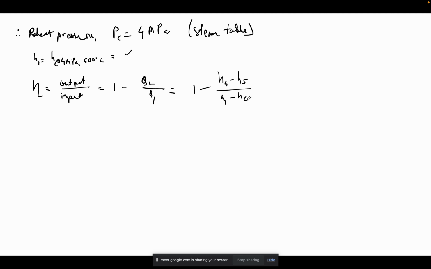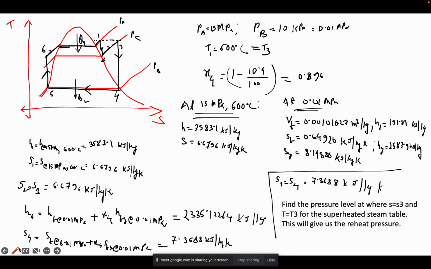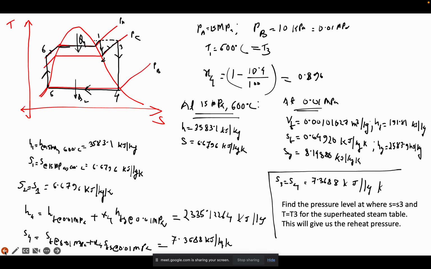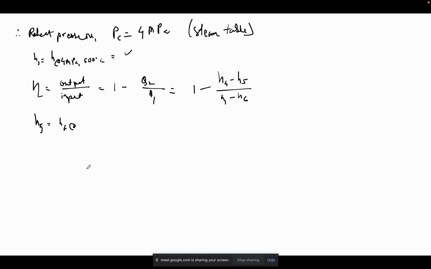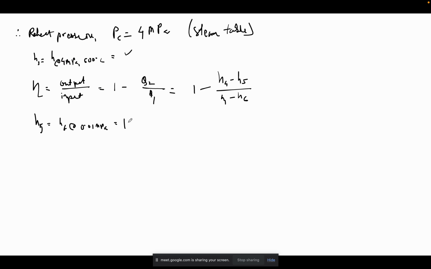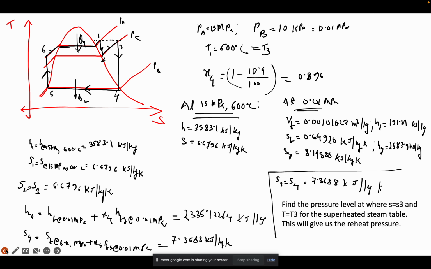Out of this I have calculated my H4. So what will be H5 then? H5 is equal to HF at 0.01 megapascal, which is basically 191.81 kilojoule per kg.